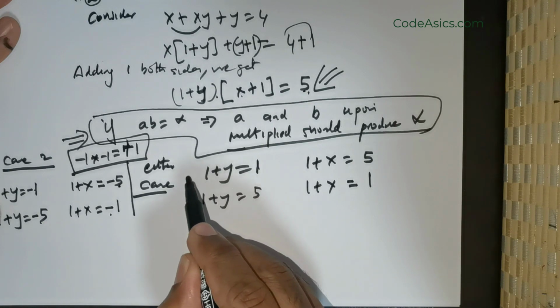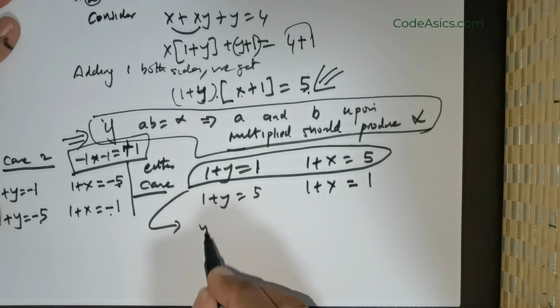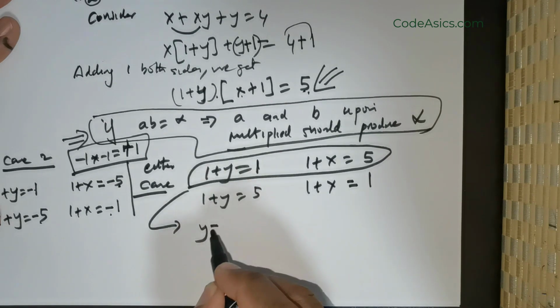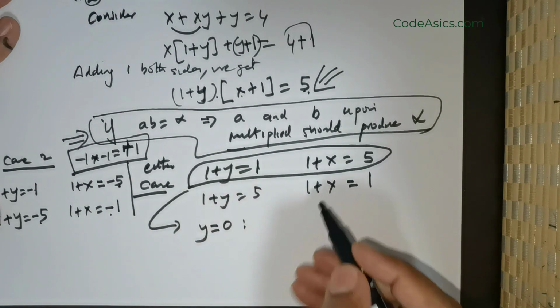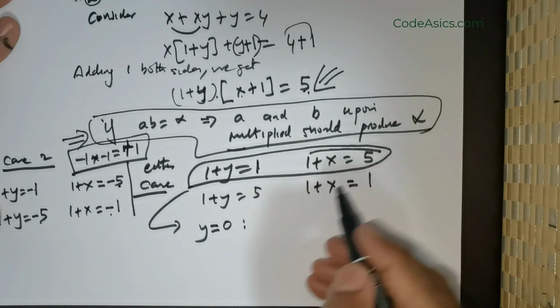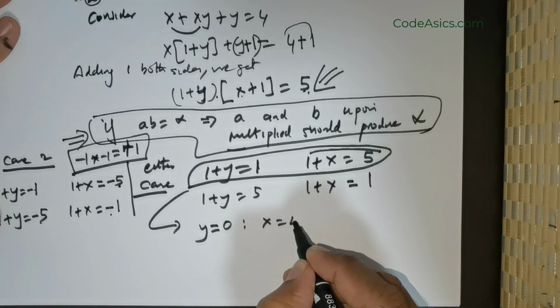Now we need to get the value. So let me just consider this. If I were to consider this, this would produce y is equal to 1 pushed on the other side would give me negative 1. So that would mean 1 - 1, which is basically 0. On the other end, if I were to push this 1 to the other end, I would get a negative 1. So in that case, 5 - 1 would produce 4.